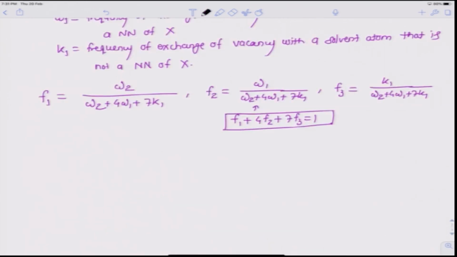To get the value of P(n) of S, we can write this as the probability that the vacancy after making n minus 1 jumps comes to a site which is nearest neighbor of S times the probability that the vacancy on its nth jump exchanges with the atom on S.